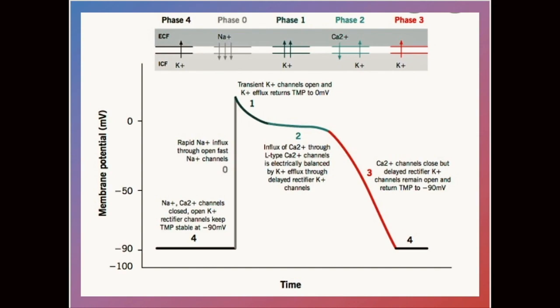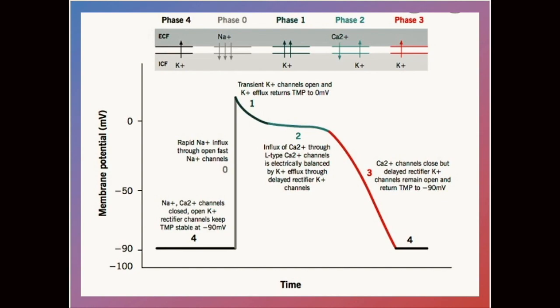The calcium influx triggers another calcium release from the sarcoplasmic reticulum, and also initiates the myocyte contraction. So my dear, this phase 2, the plateau phase, is very important. Why is it a plateau? Because the positive ions which are entering are balancing the positive ions which are leaving the cell.